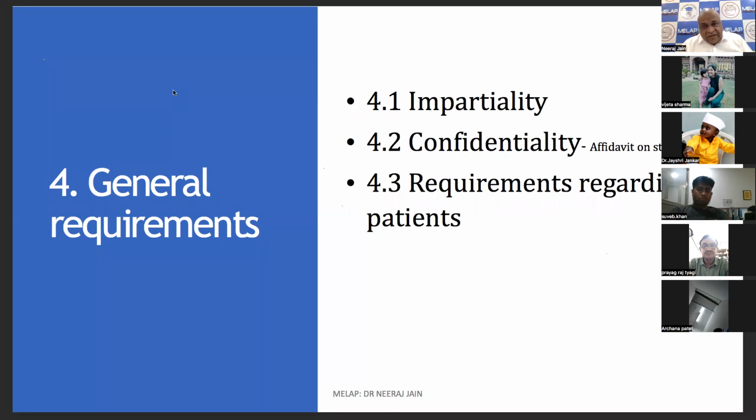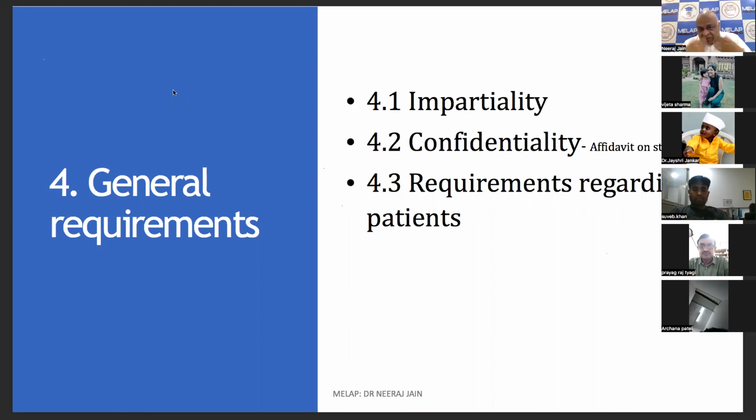In confidentiality, in the first sentence they are writing, the laboratory has to maintain confidentiality through a legally enforceable agreement. What is the meaning? You have to create some legal document, a basic stamp paper sort of thing. You are making an affidavit. The laboratory is committed to maintain confidentiality of patient information.